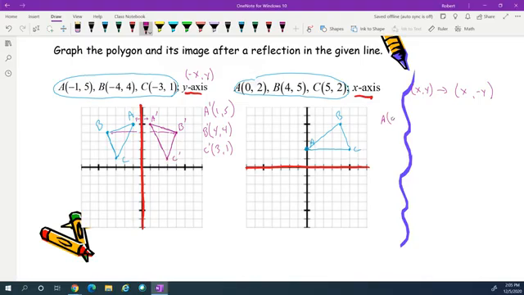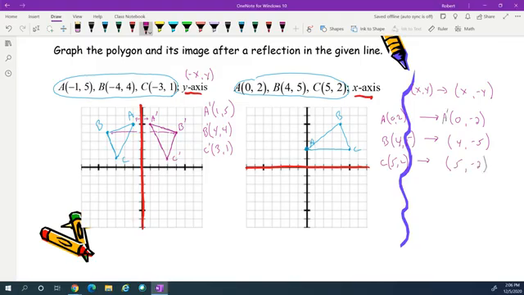So for A, which is at 0, 2, we're going to keep the 0 and change the sign. B was at 4, 5. We're going to keep the 4, change the sign. C, which is at 5, 2. We're going to keep the 5 and change the sign of the y.